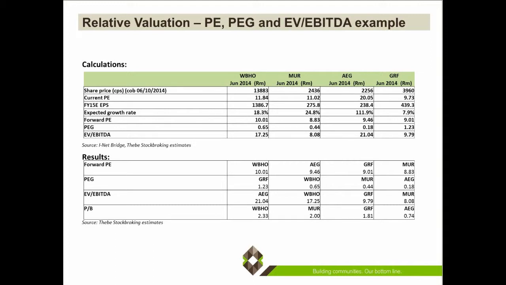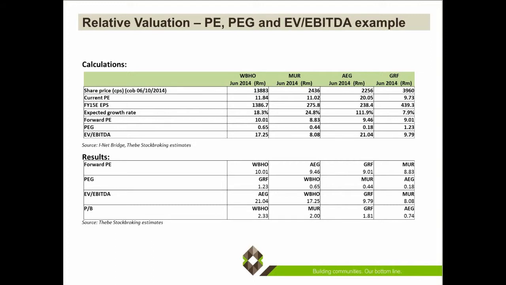Aveng's expected growth rate is over 100%, so they go from a current PE of 20 to a forward PE of 9. So we see that there could be significant re-rating, that they could be more profitable going forward. Based on the forward PEs, we would say that Wilson Bayly Holmes would be the most expensive, and Murray & Roberts looks like they would be the cheapest based on the re-rating.